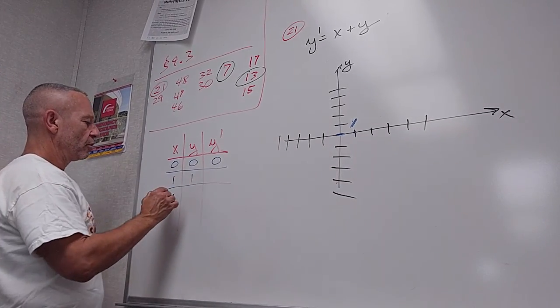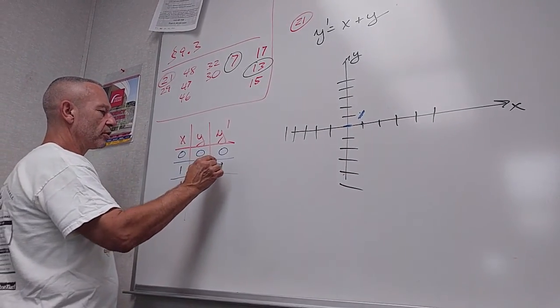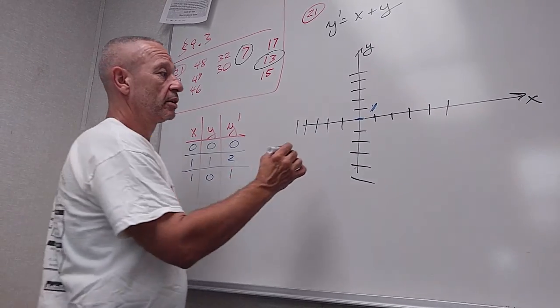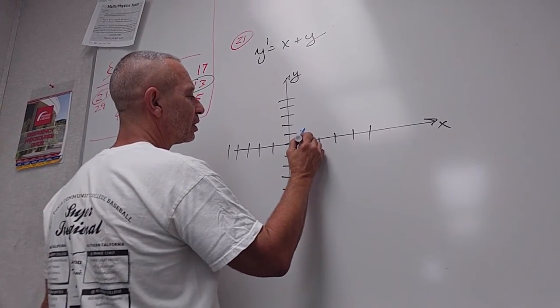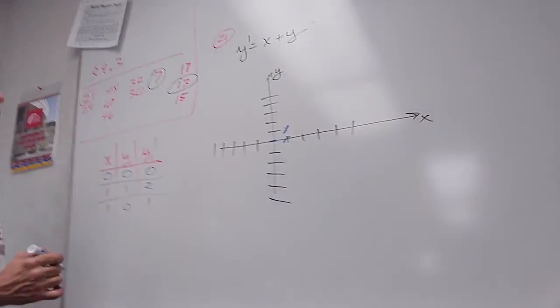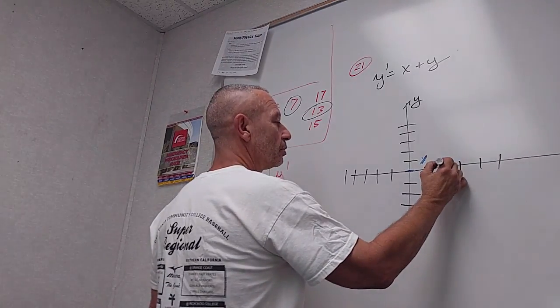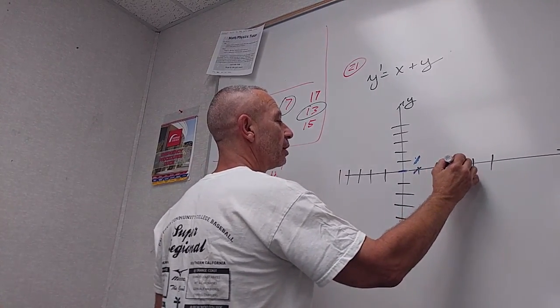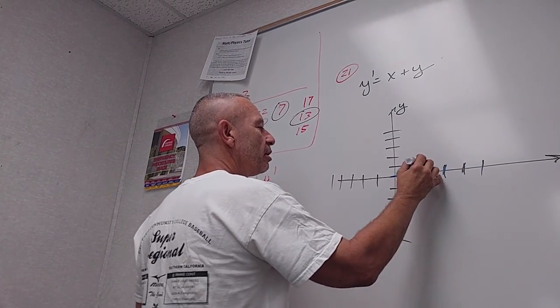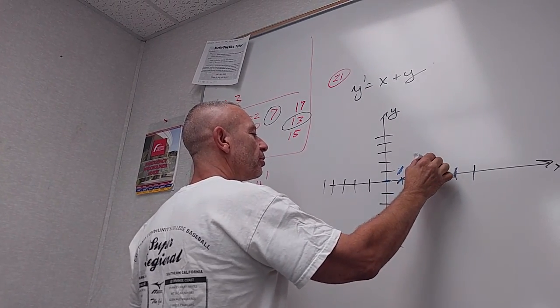Well, that's 1, 0, so 1. That's a 45-degree angle line. This would be 2, 3, 4. Anyway, you keep doing this, the slopes get a little steeper and steeper.